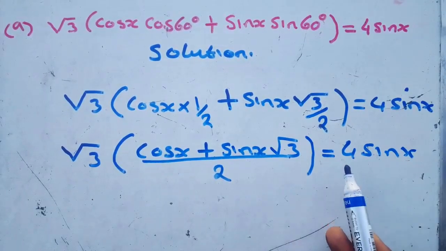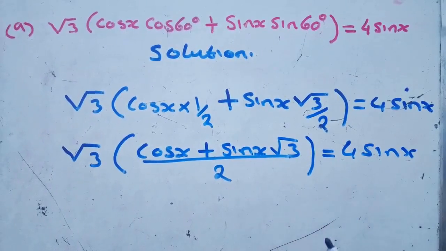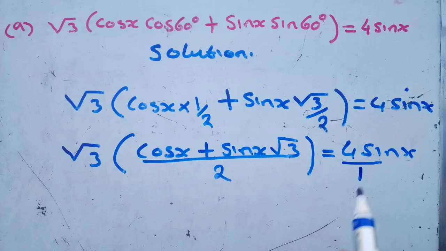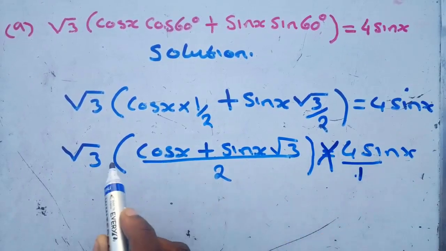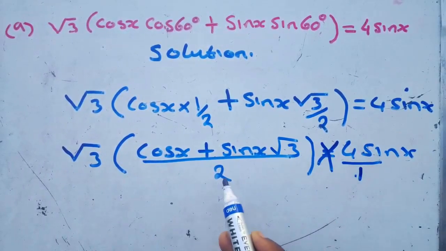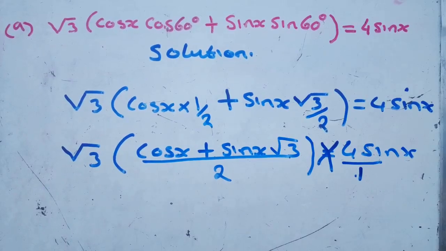Writing 4 sin x is the same as writing 4 sin x over 1, so we can cross multiply. This multiplies with this on top, and this multiplies with this on the bottom. 1 multiplied by this is just itself, it won't change.